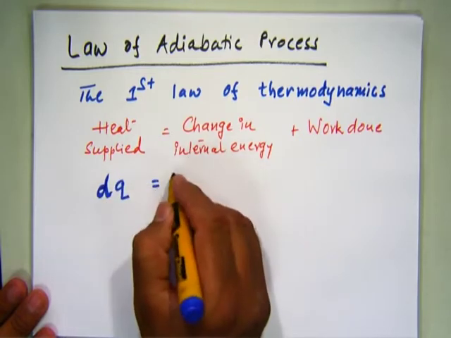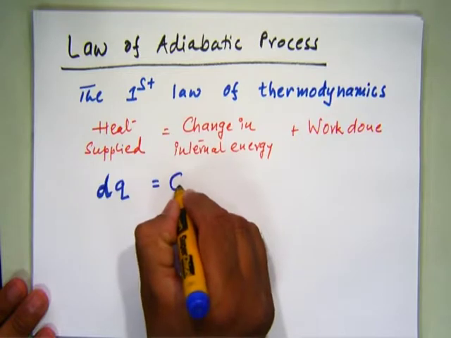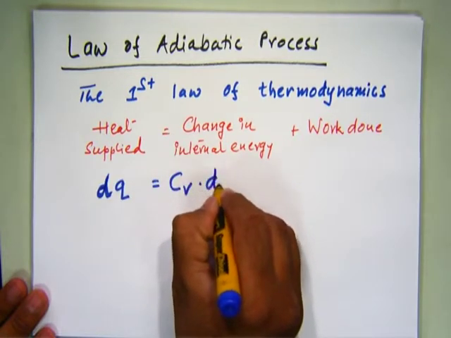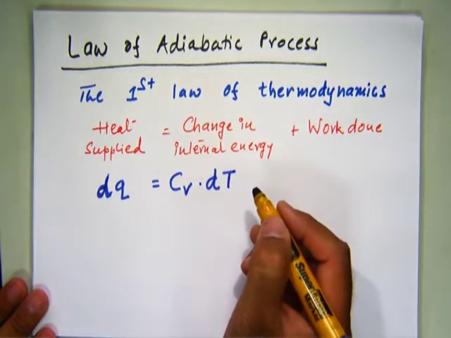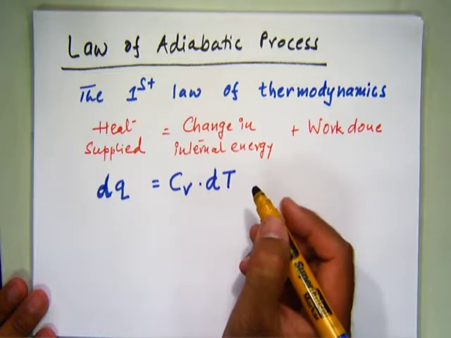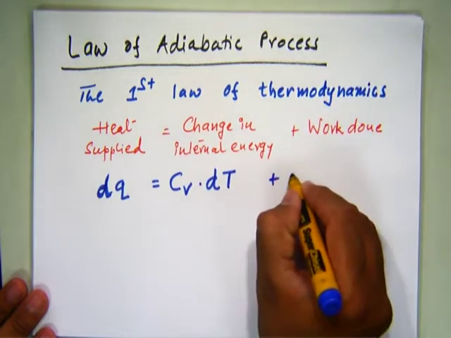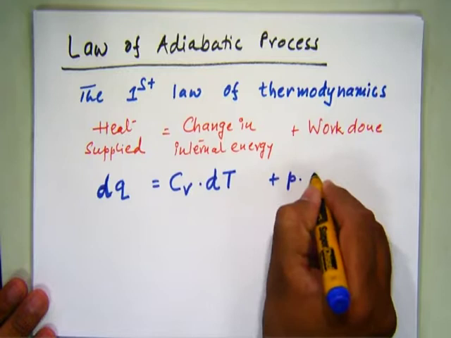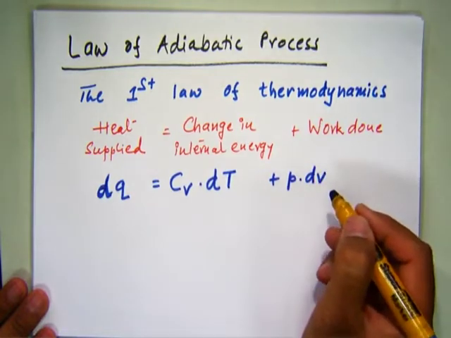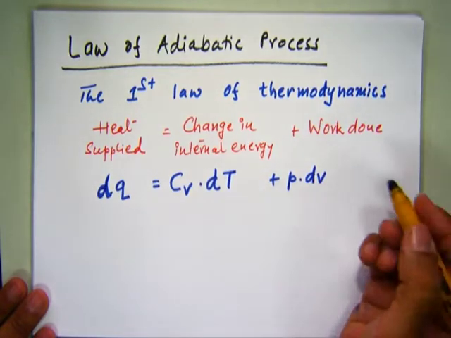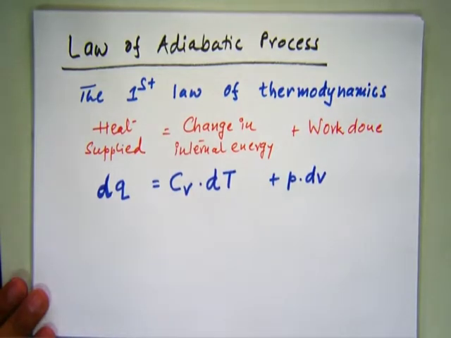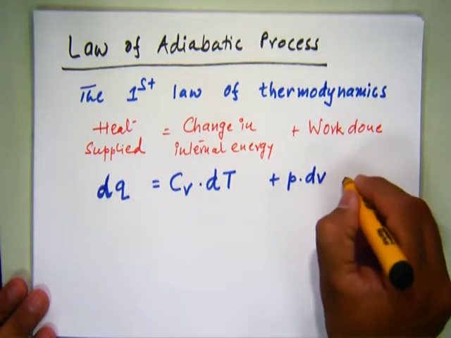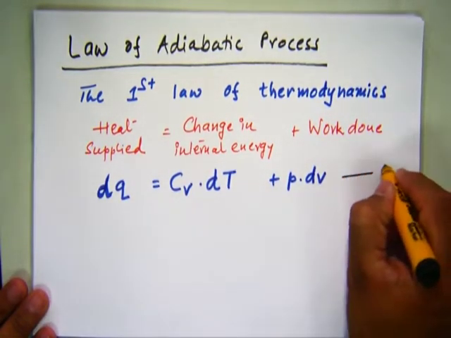The change in internal energy is Cv dT, plus work done is equal to P dV. The work done is equal to P dV. Let us say this is your equation A.